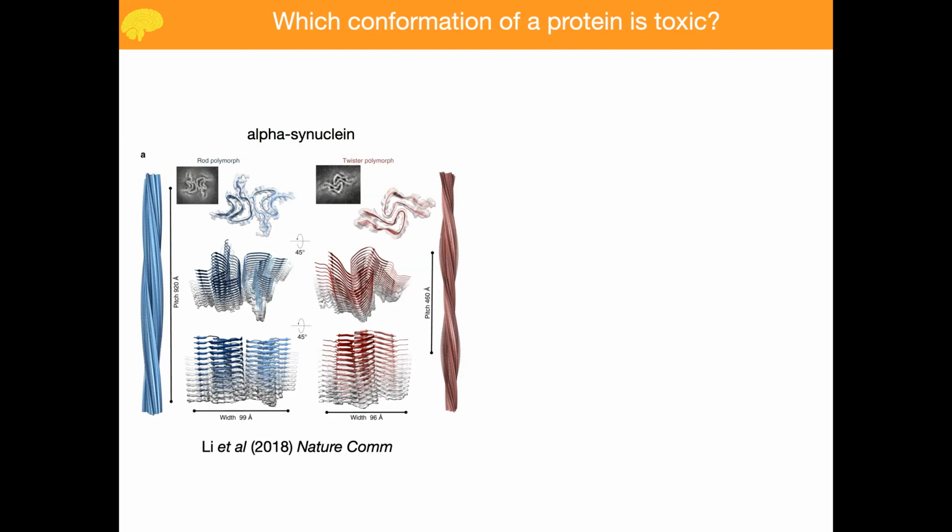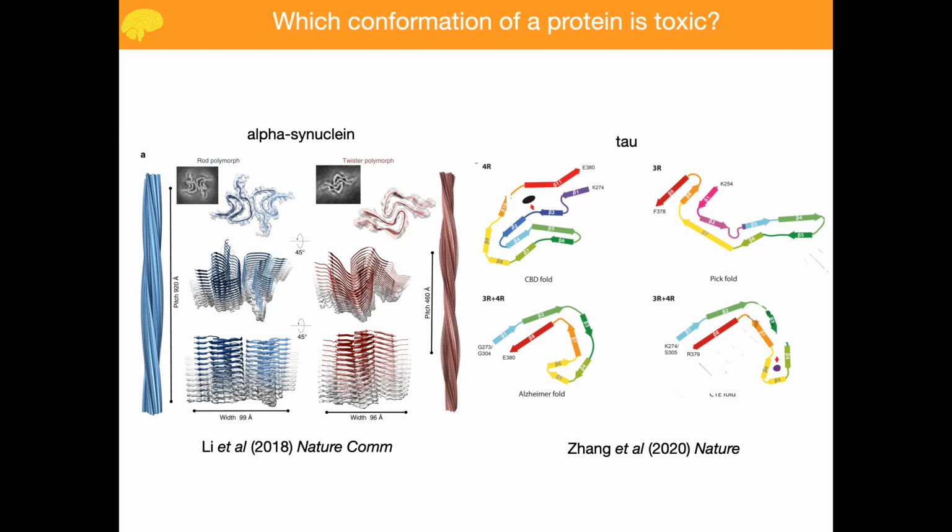Here's another example of tau, where again, recently there has been a whole set of different cryo-EM structures from tau isolated from patient brains, from patients who have different diseases associated with tau, including Alzheimer's disease, Pick's disease, corticobasal degeneration, or even chronic traumatic encephalopathy, so something that develops, for example, in football players and soldiers after traumatic brain injury.